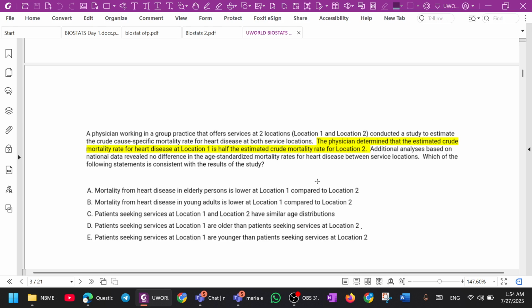Additional analysis based on national data revealed no difference in the age standardized mortality rates for heart disease between service locations. Which of the following statements is consistent with the results of the study?